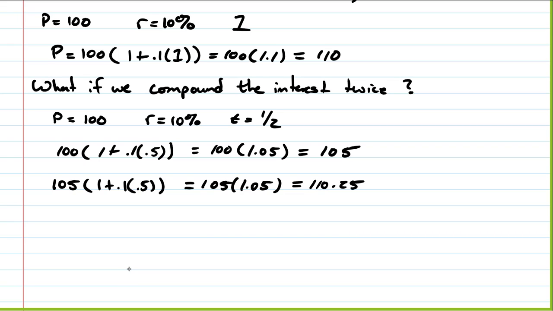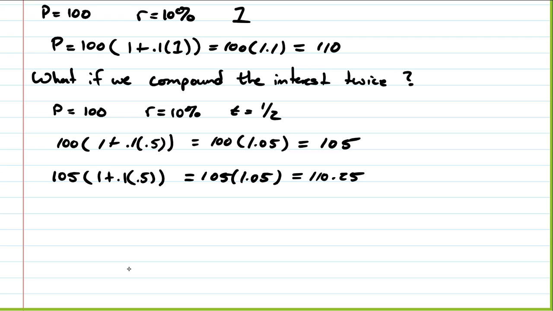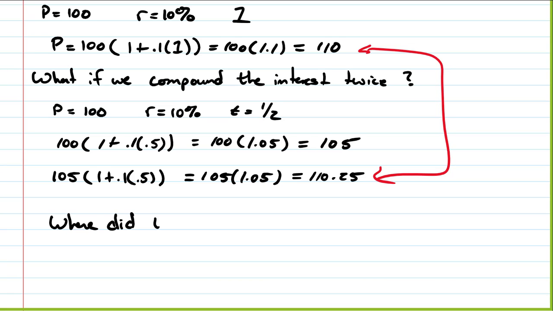So when we calculated our interest this way, we ended up getting 25 more cents than what we had the first time. So the question is, where did that extra 25 cents come from? So we have these values. So where did the extra 0.25 come from?